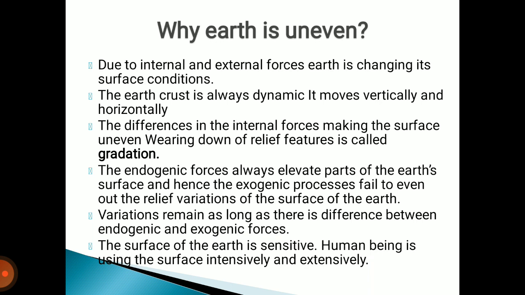So because of these two forces, the earth is said to be in uneven condition. Variation remains as long as there is a difference between endogenic and exogenic forces. So there is going to be a lot of differences seen in the earth's surface because of these two forces.